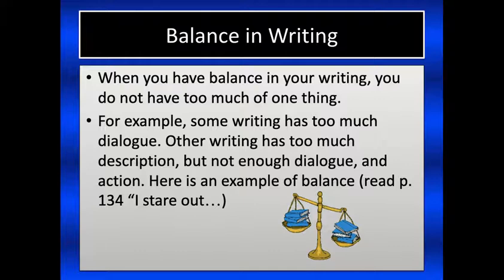Here is an example of balance. So this is from Karen Hesse's book, Come On, Rain. It's a beautiful passage. Notice how she uses descriptive language and dialogue as a balance. I stare out over rooftops, past chimneys, into the way off distance, and that's when I see it coming, clouds rolling in.